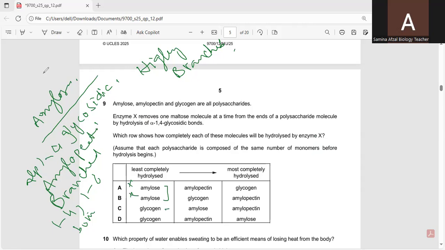C and D can be correct, but in second place there should be amylopectin, because amylopectin is a more branched structure, but amylose is not branched. So according to this, amylose will be most completely hydrolyzed, then amylopectin, and least will be glycogen. So D is the correct option.